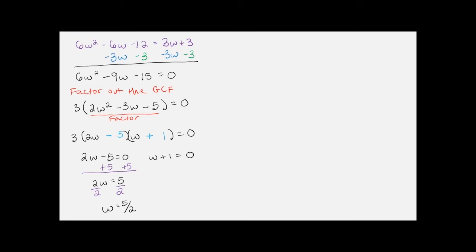So I'm not going to circle that yet because I do have to check these in the original equation before I decide that they are the answer. So I'm going to just leave that. Now I'm going to solve the w plus 1 equals 0. So I'm going to subtract 1. And that gives me w is equal to negative 1.